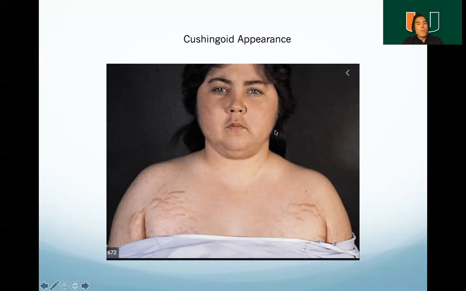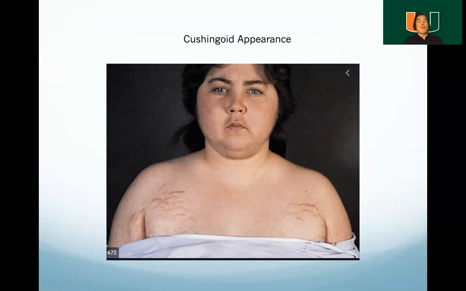However, Cushing syndrome or Cushingoid appearance is a general term describing signs of excess cortisol, not specifically saying this is a tumor. So you can call a patient who's been using glucocorticoid and has Cushingoid appearance a Cushing syndrome patient. That's totally okay, but they're going to have a central adrenal insufficiency if you stop the glucocorticoid rapidly.